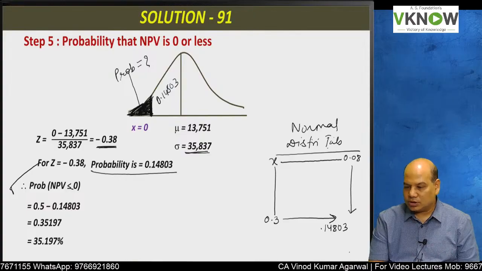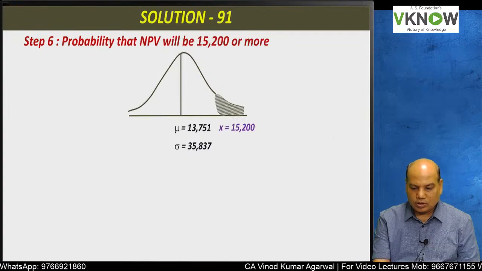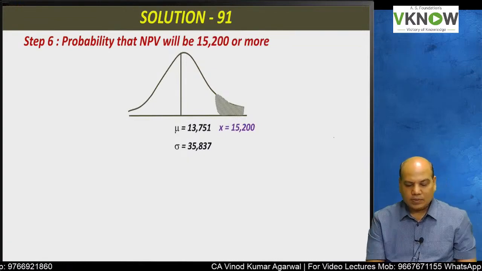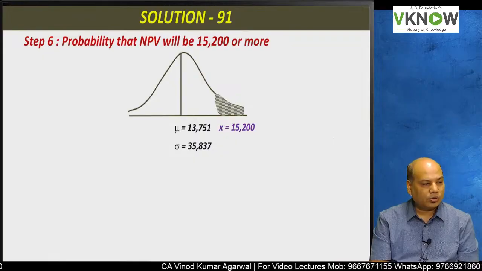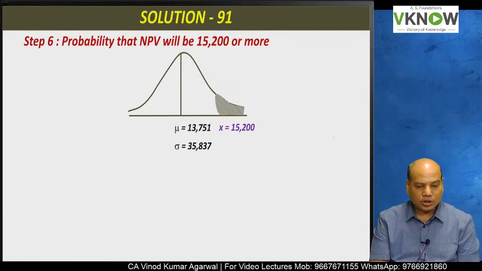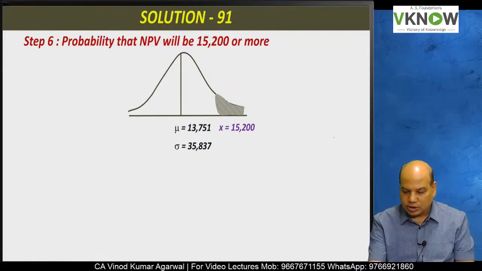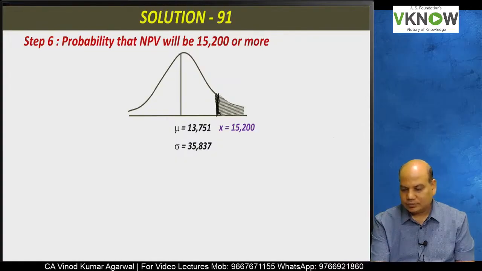Any query up to this? One more probability they have asked you. Step 6 write down. Probability that NPV will be 15,200 or more. 15,200 will fall on the right side.